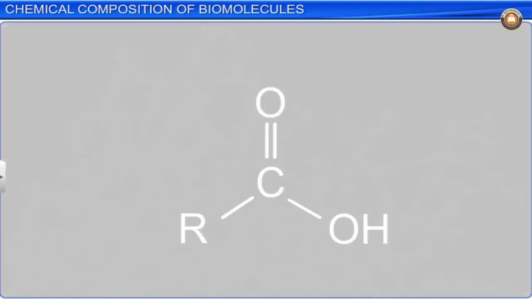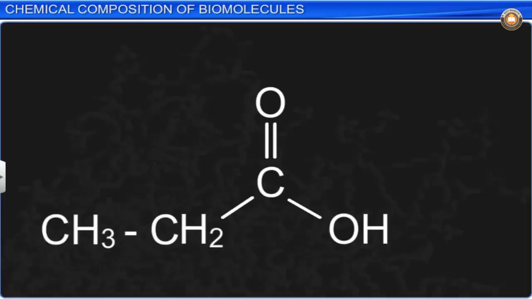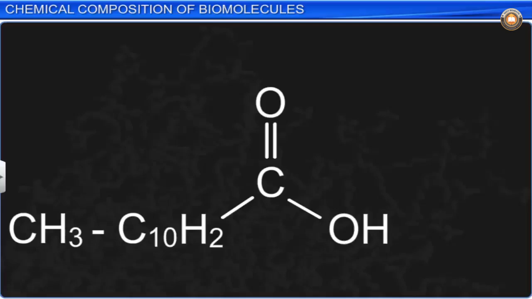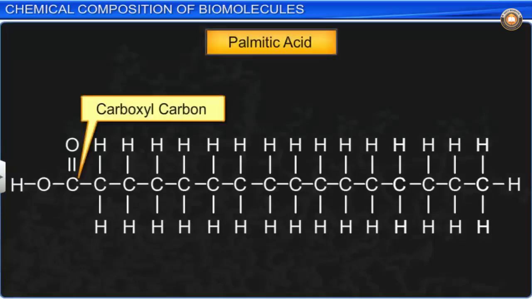Fatty acids that form lipids have a carboxyl group attached to an R group. The R group could be a methyl, ethyl, or a higher number of CH2 group with 1 carbon to 19 carbons. For example, palmitic acid has 16 carbons, including a carboxyl carbon.